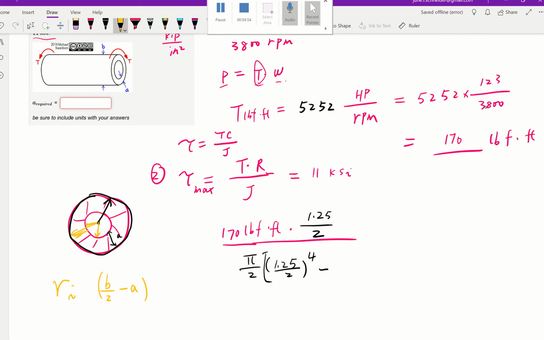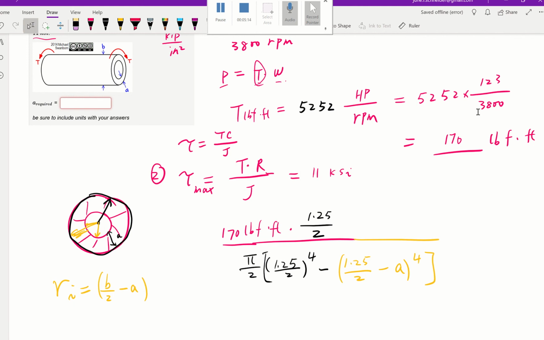That will be 1.25 divided by 2, minus A, to the 4th power. Together, that gives us the expression for J.